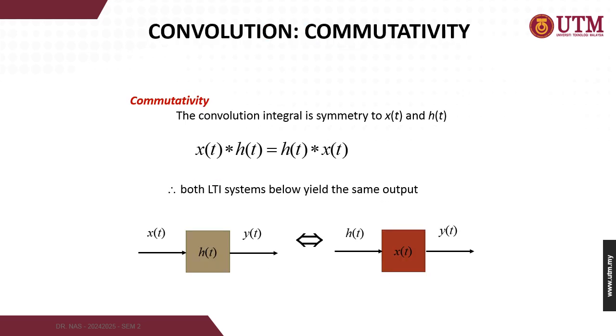This is the first property of convolution, commutativity, in which x(t) convolved with h(t) is equal to h(t) convolved with x(t), as represented in the figure below.